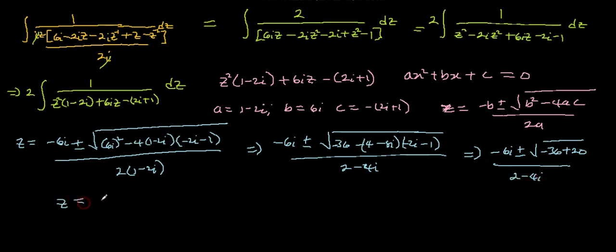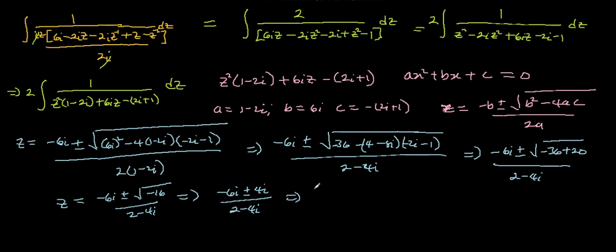So z will be equal to minus 6i plus or minus the square root of minus 16, divided by 2 minus 4i, which is going to be minus 6i plus or minus 4i divided by 2 minus 4i, and this will be equal to, we have 6, we have 4, we have 2, we have 4.